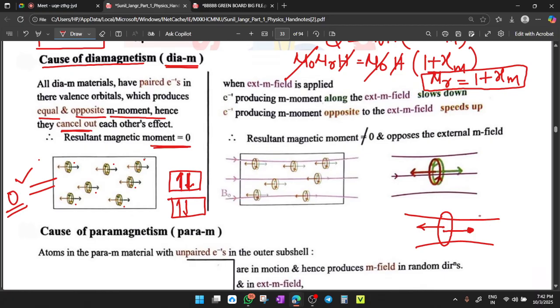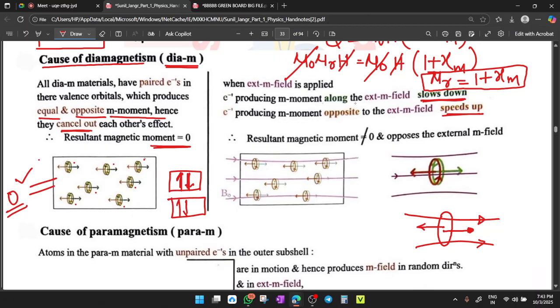See here, the green electron that produces the magnetic moment will slow down. And the second electron, producing magnetic moment opposite to the external magnetic field, will speed up, right? So what will happen?